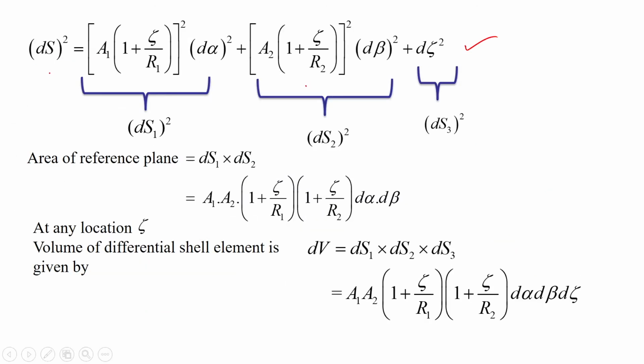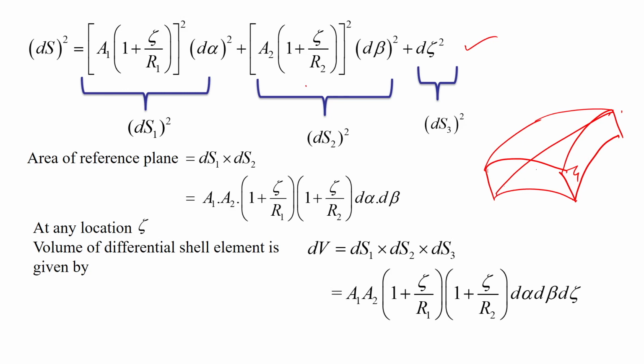So, ds will be ds1, ds2 and ds3. So, curved length along this and this, and we have a third curvature also, let us say zeta. So, we can find out that moving from one position to another position, ds will be ds1, ds2, ds3: one direction, two direction and three direction.